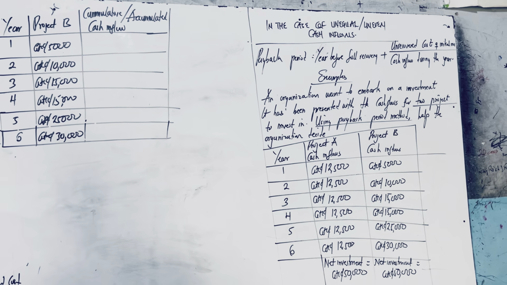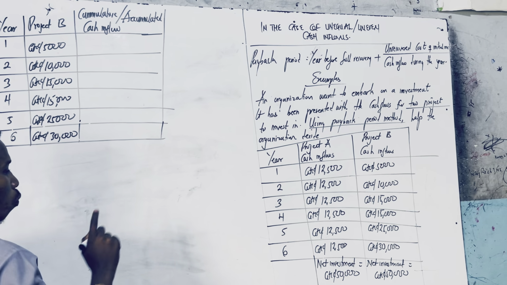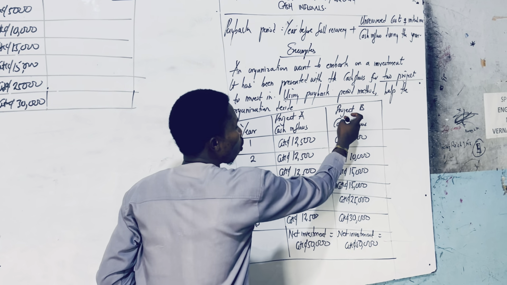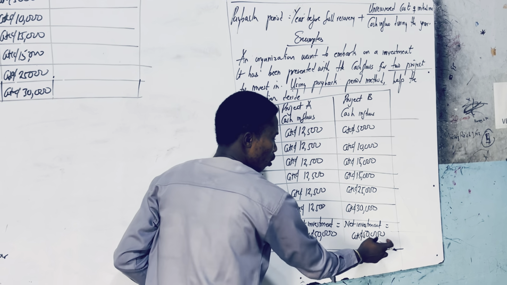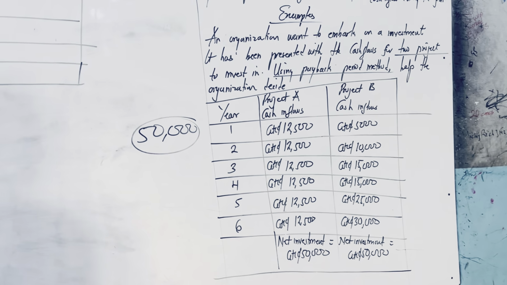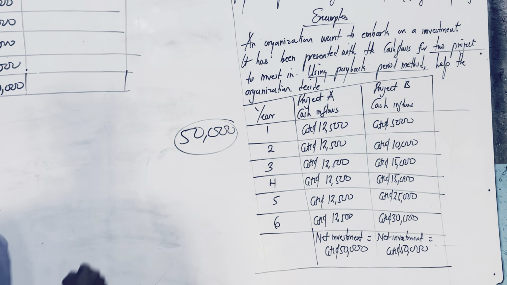So how do we calculate our accumulated cash inflow? From the word accumulated, we are going to add. Now bear in mind, when you are using unequal or uneven cash inflow, remember our initial investment is 50,000. So we are looking at the number of years it will take us to recover this 50,000.